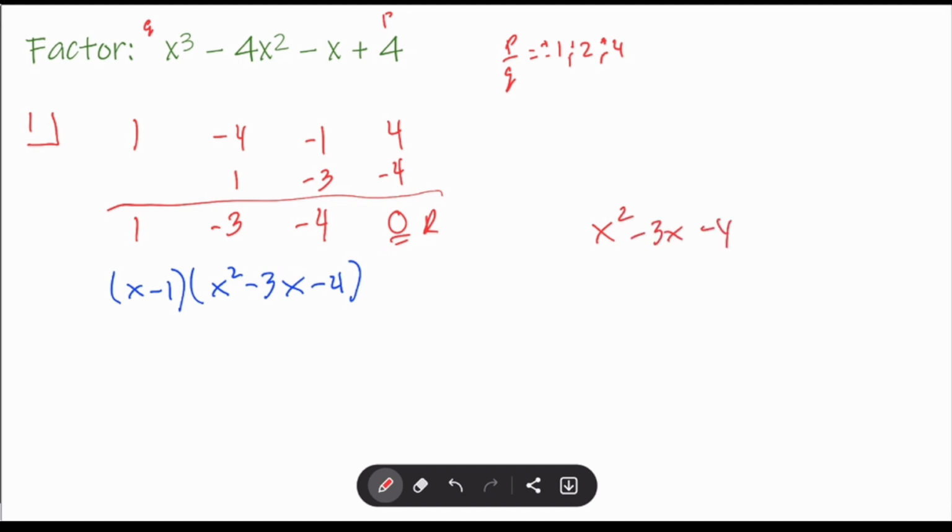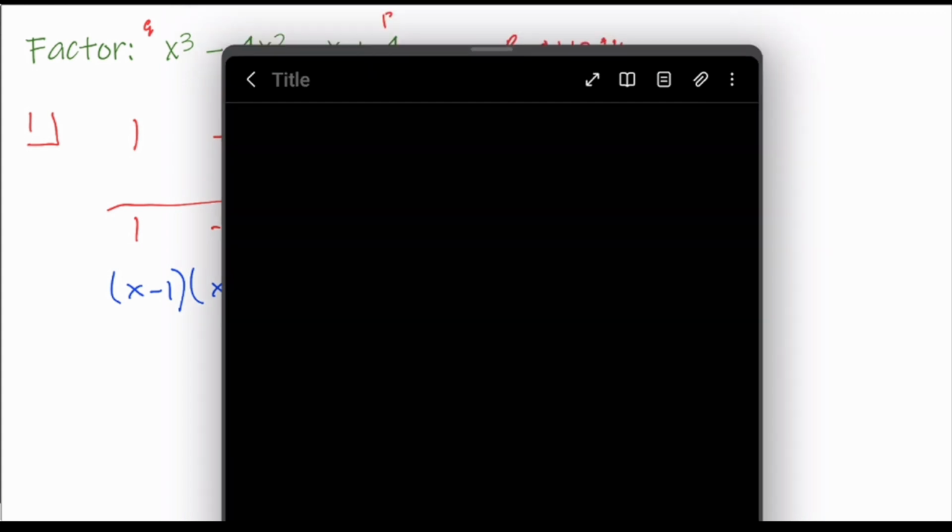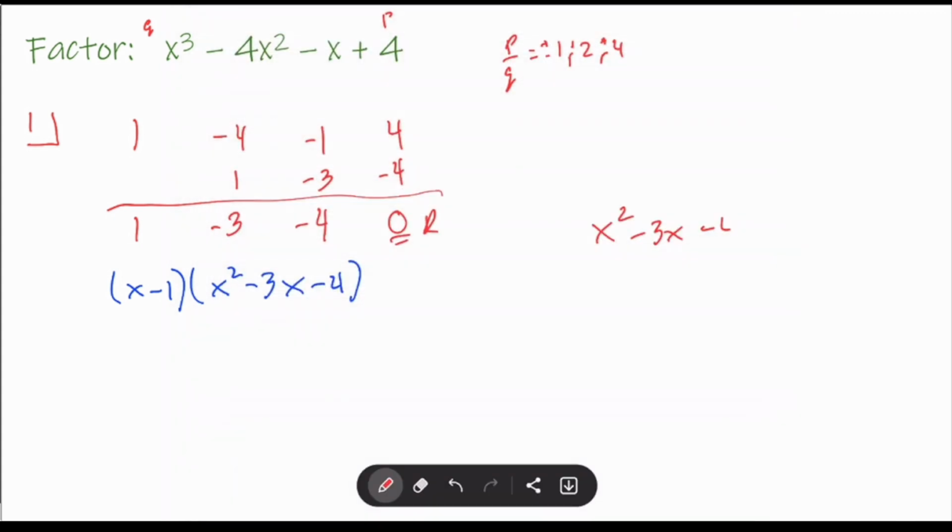So we have x and x. So a factor of negative 4, there are many ways to write that, but we can have negative 4 and positive 1, because if you cross multiply this, it will be negative 4x and positive 1x. So if you combine that, so if you add this to a negative, it will be negative 3x, which is the same as here.